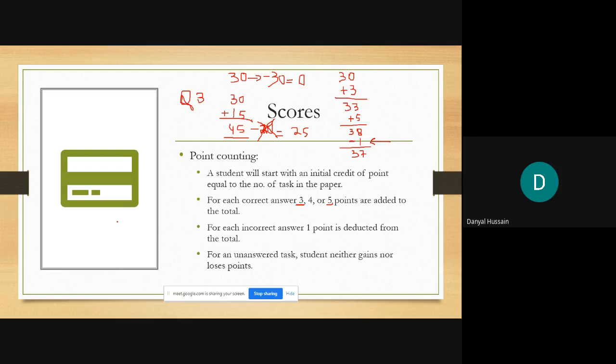Let me give you one more example. You have 30 marks, right? For example, we have 5 questions and we have to attempt 5 questions. Question number 1, question number 2, question number 3, question 4, and question number 5, right?